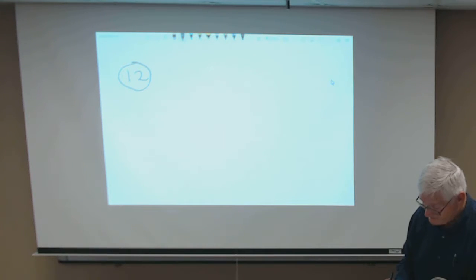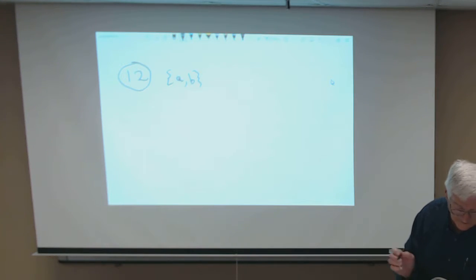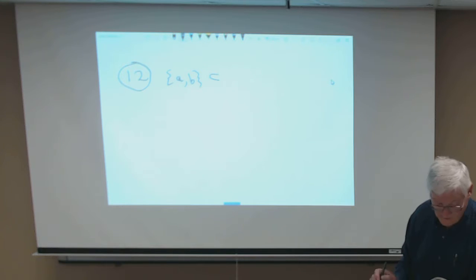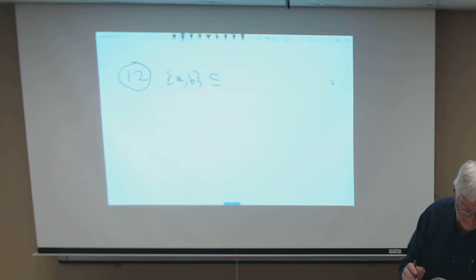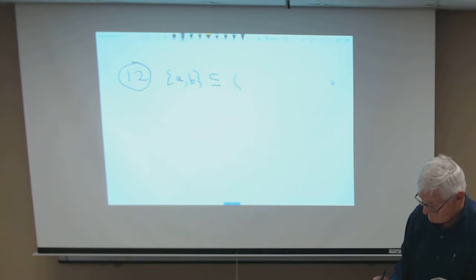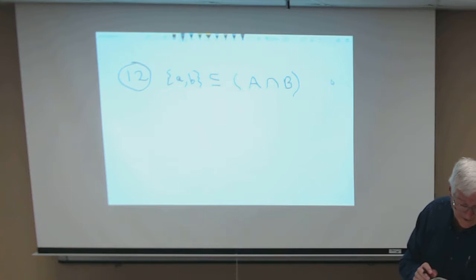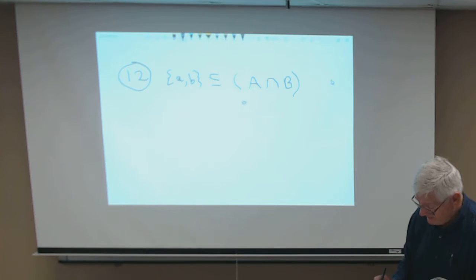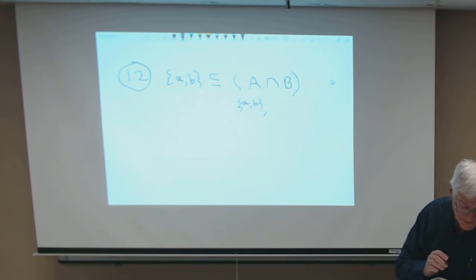The set AB. What's the intersection of A and B? What do A and B have in common? They both have this little AB, right? Is that right? Yeah.